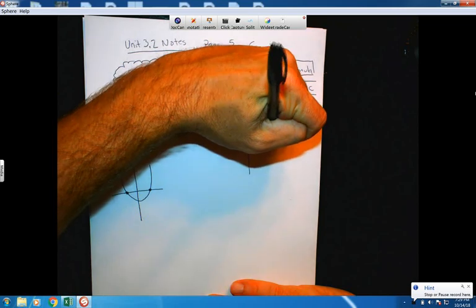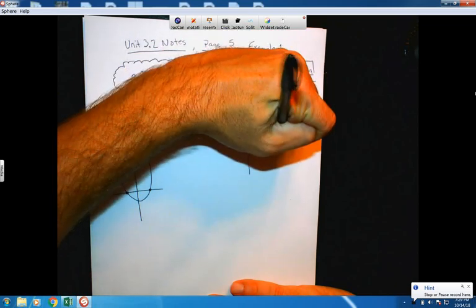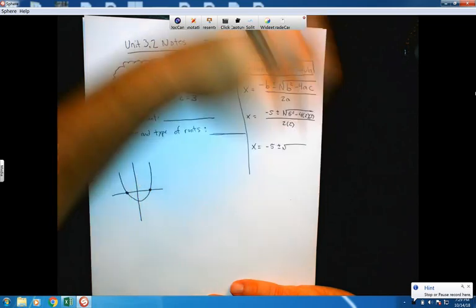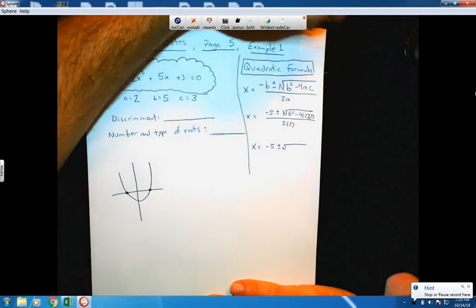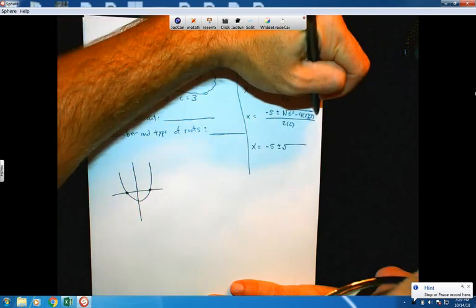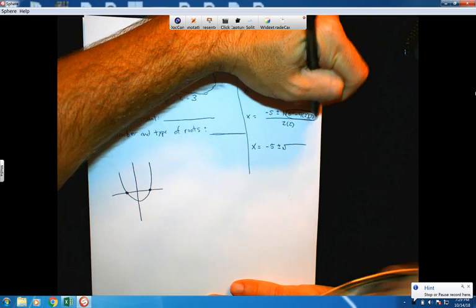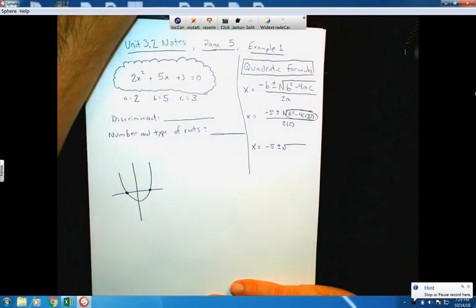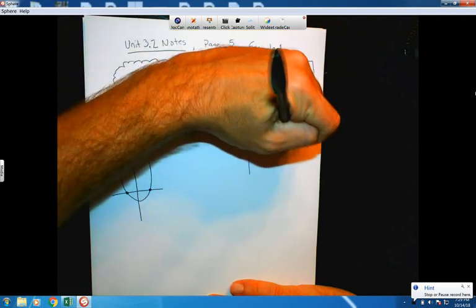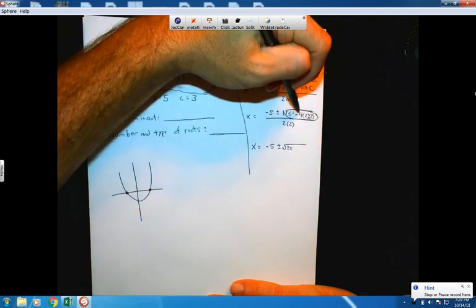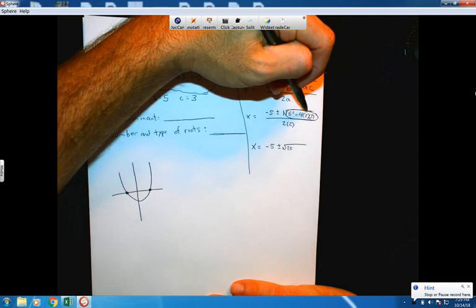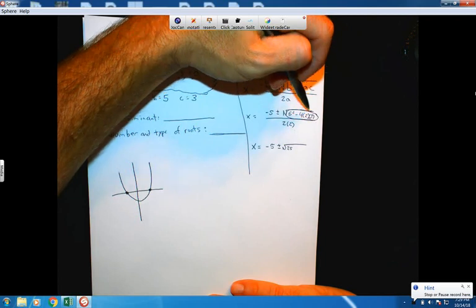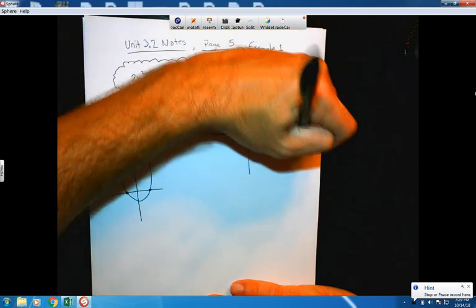So let's keep going. Negative 5 plus or minus the square root of, let's see if we can do all of this part here. 5 squared is 25, minus 4 times 2 is 8, 8 times 3 is 24.